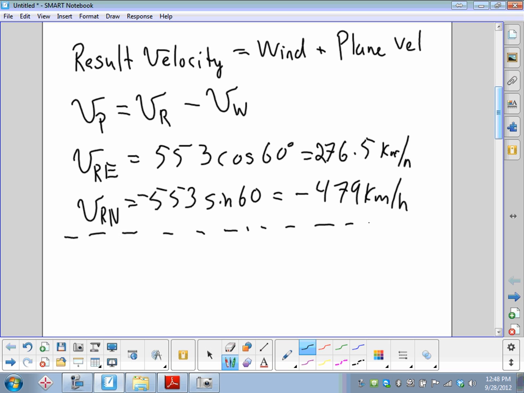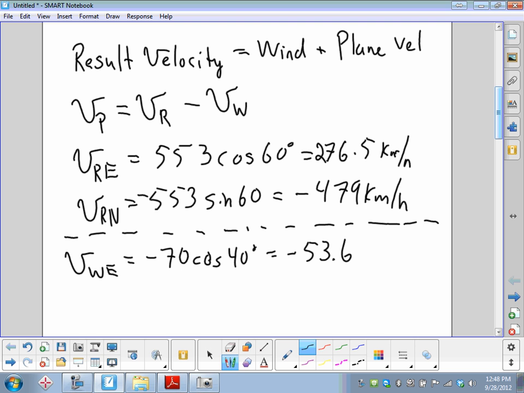So our resultant velocity, what we want our plane to end up having, we have those components broken up. Now we need to break up the wind. Velocity of the wind in the east is going to be negative 70 cosine of 40. Again, it's negative because it is directed west.